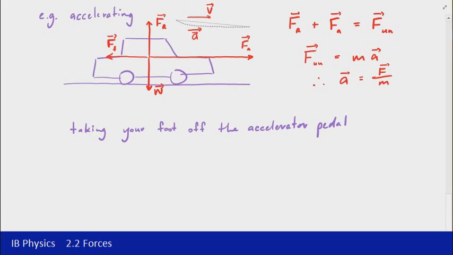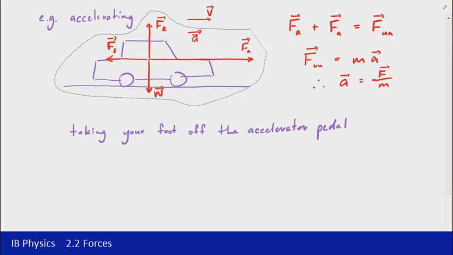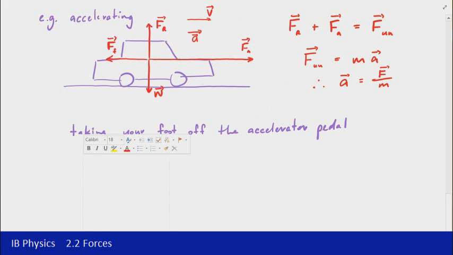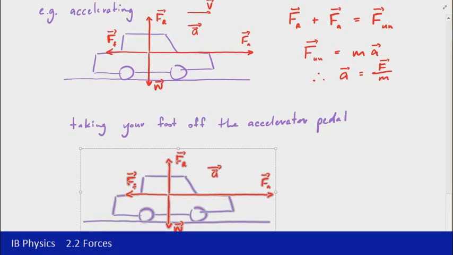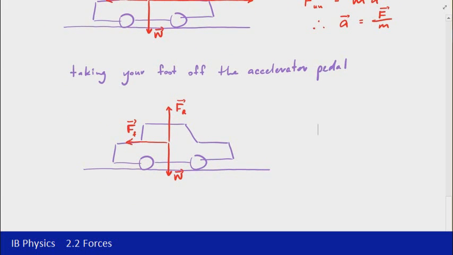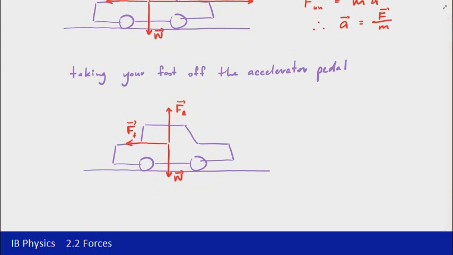So I'll just copy this diagram and instead of having this applied force, we're now going to have that as our diagram. So you notice there's no acceleration for applied force pushing the car forwards, we only have the frictional force pulling back. So in this case, the frictional force is an unbalanced force. So that provides the unbalanced force in this case.